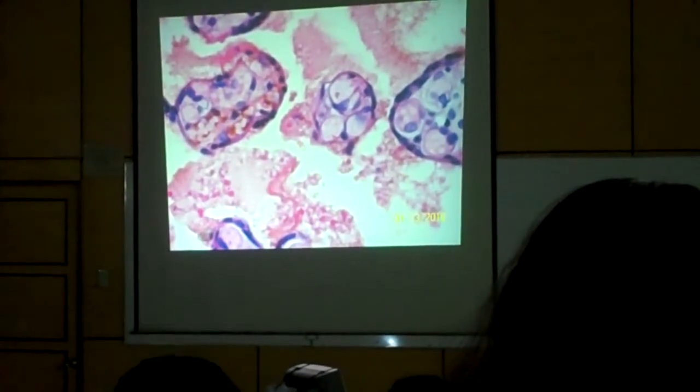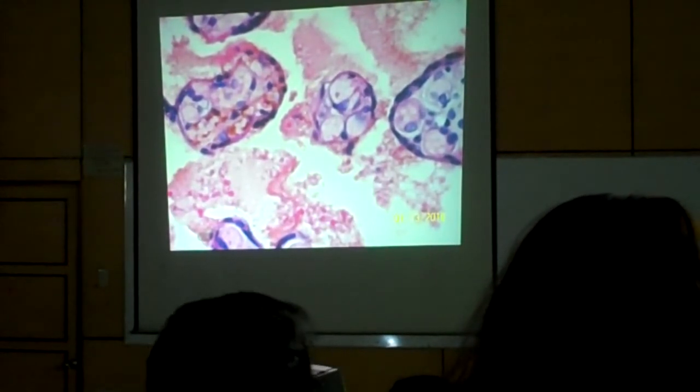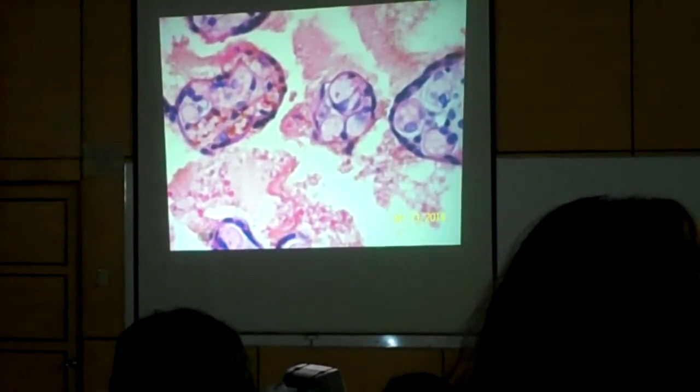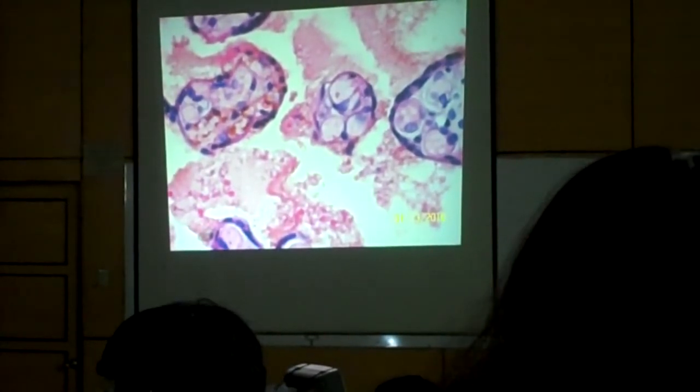Okay. And the blood located in the intervillous spaces comes from the mother. Okay, that is the maternal blood. Okay, according to Dr. Quijano, they do not mix. Okay, but how do they exchange materials? Through diffusion.